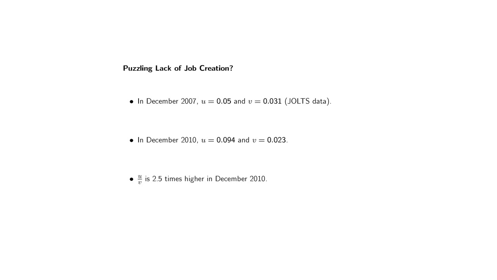And the vacancy rate from the Job Openings and Labor Turnover Survey data was 3.1%. Three years later, in December of 2010, the unemployment rate was considerably higher, 9.4%, and the vacancy rate was 2.3%. The ratio of U over V is 2.5 times higher in December of 2010.